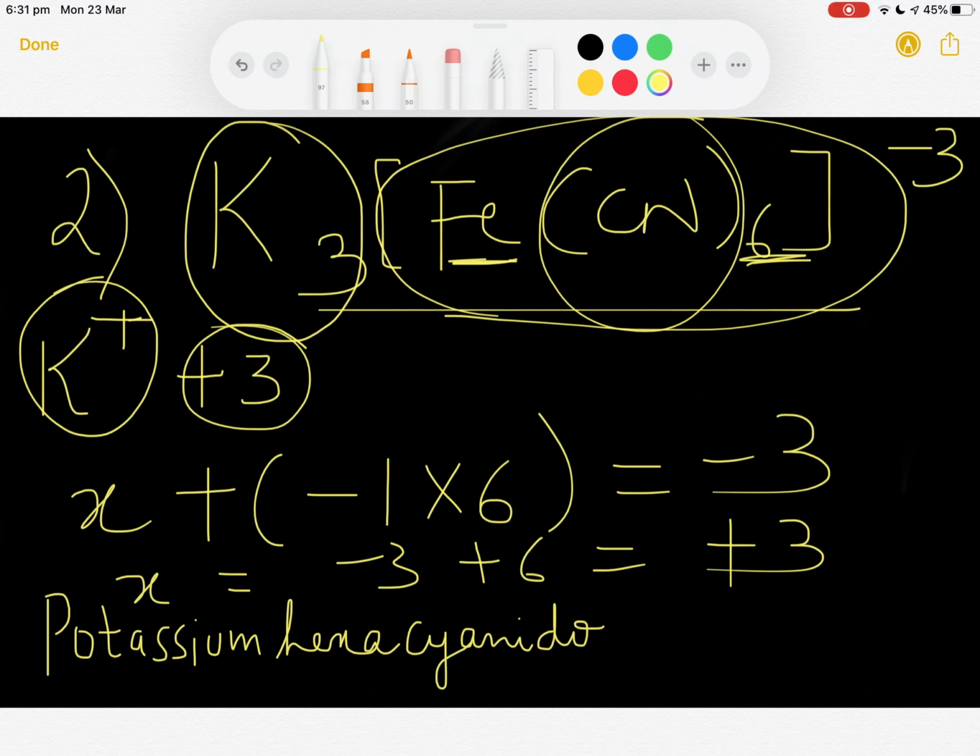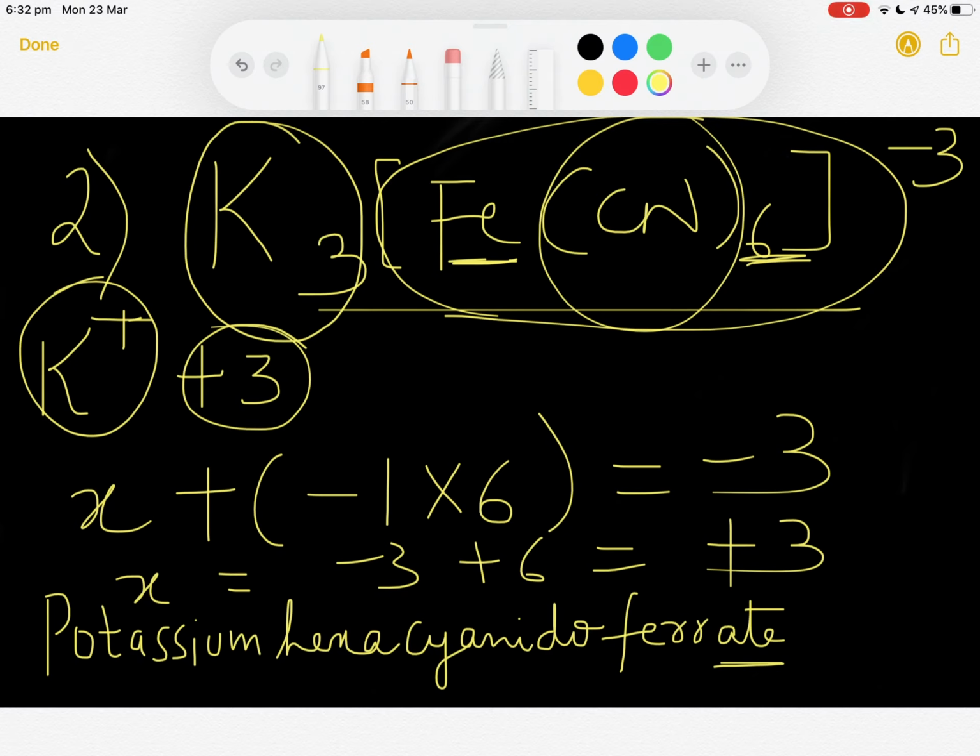And I'm not going to write it as iron, but indeed I have to use -ate after its name, and its name is derived from its Latin name. So it becomes ferrate, and this I have already mentioned in my video that -ate signifies that the complex is an anion.